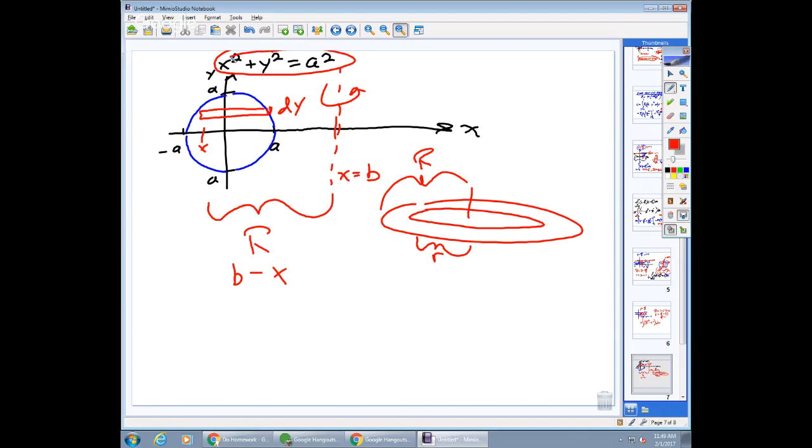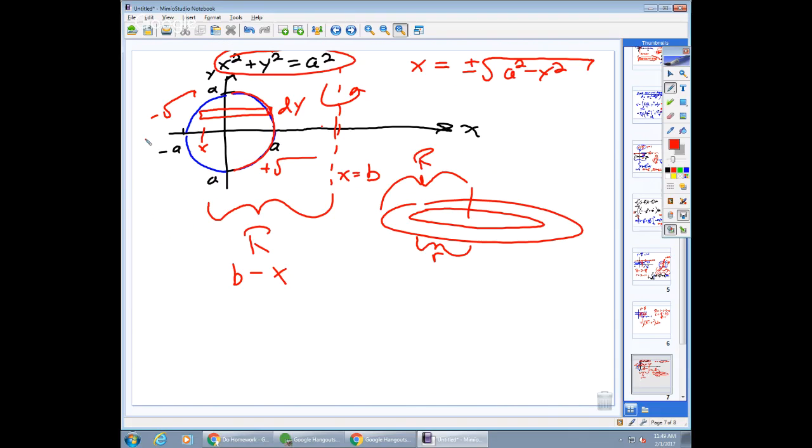This right here tells me how to calculate those x values. So if I solve that for x, I'm going to get x equals plus or minus the square root of a squared minus y squared. So this side over here is the positive square root, and this side over here is the negative square root. Okay, all right, x is positive on this side, x is negative on that side.